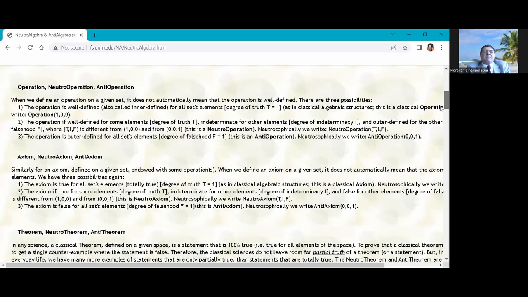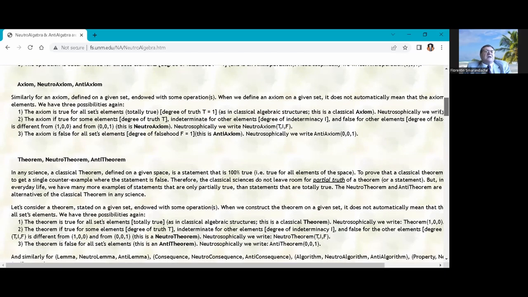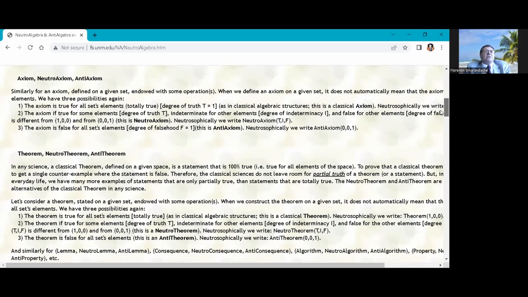So as we see, we have different degrees with which the laws apply to the elements. The same thing holds for an axiom. An axiom may be true for all elements, or a law true for all elements, mostly in idealistic or theoretical theory, especially in classical algebraic structures. All axioms are 100% true, the operations 100% true.